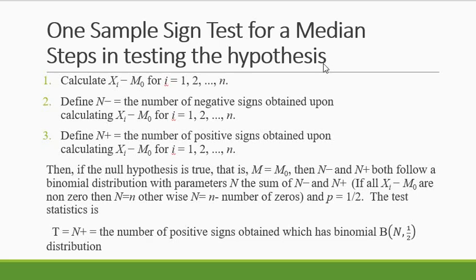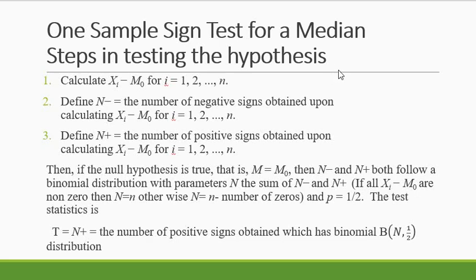Similarly, now count the number of positive values. We define N minus as the number of negative values, and N plus as the number of positive values. Whenever 0 occurs, we discard them.